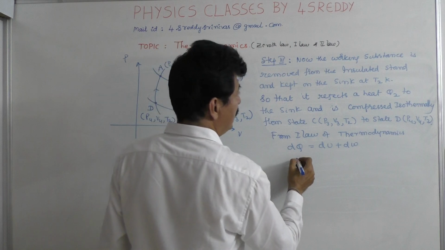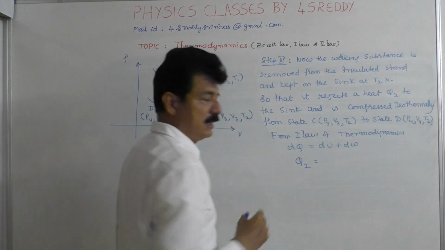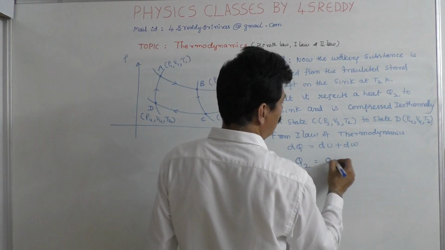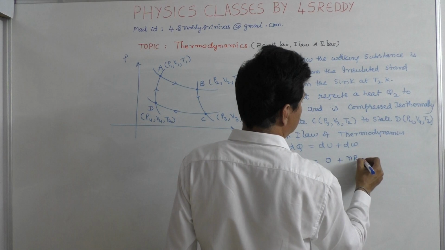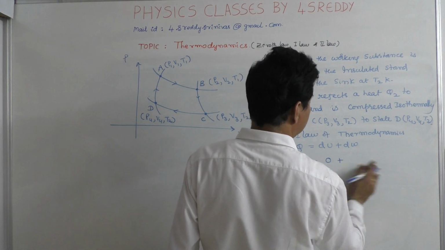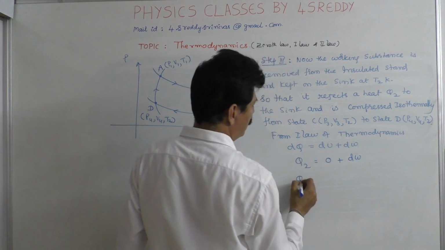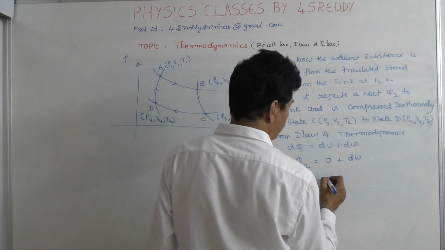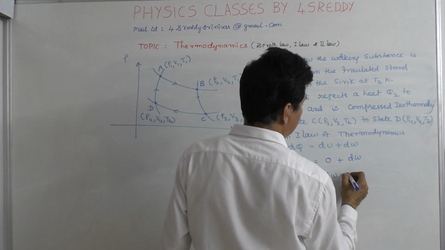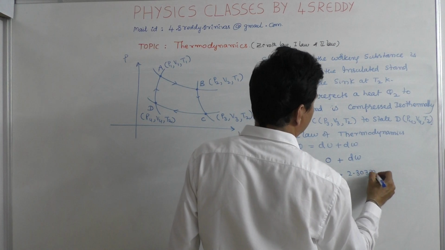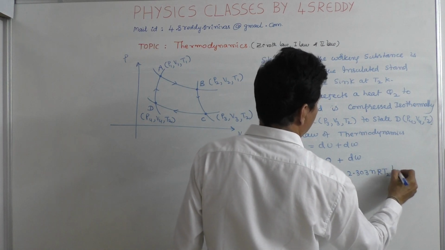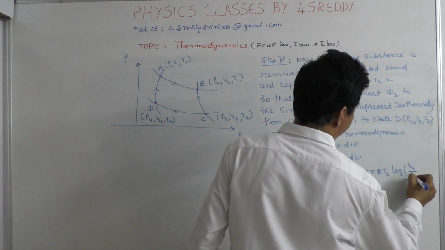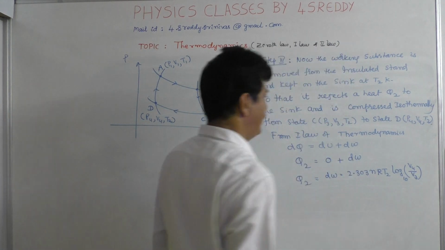Here the heat rejected is Q2, and dU is nothing but 0, so Q2 is equal to the work dW, that is 2.303 nR T2 log of V4 by V3 to the base 10.